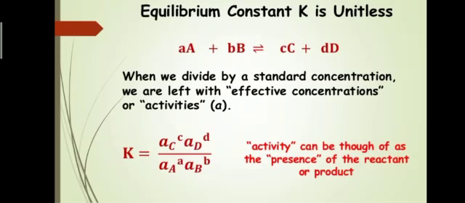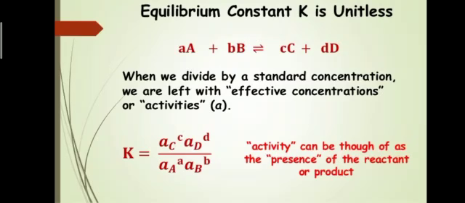For example, in the formation of ammonia, 1 mole of nitrogen and 3 moles of hydrogen react to form 2 moles of ammonia. It means that in the reactants we have a total of 4 moles, while in the product we have 2 moles of ammonia. So by writing the value of Kc, the unit of Kc will be 1 by (mole per dm cube) whole square.